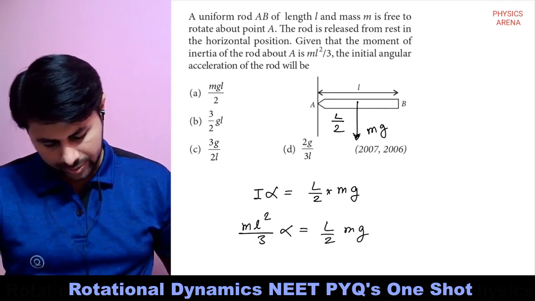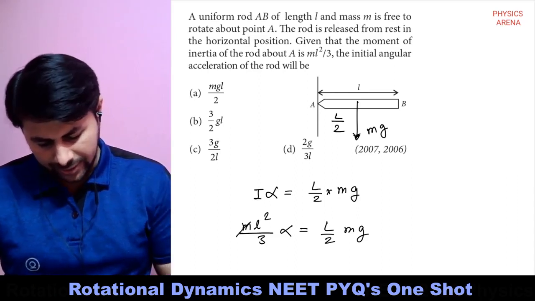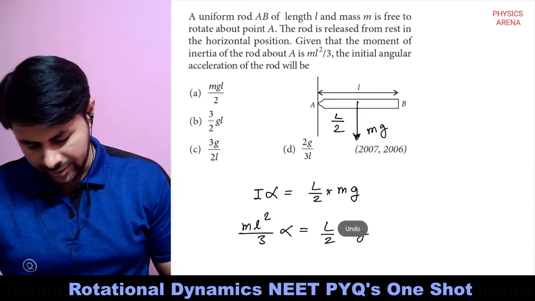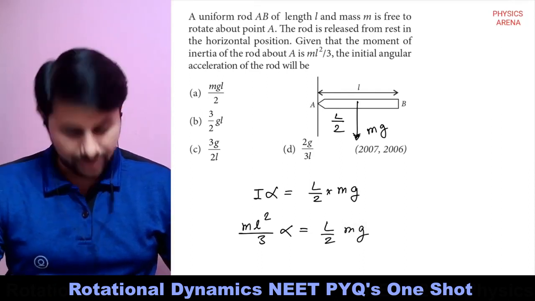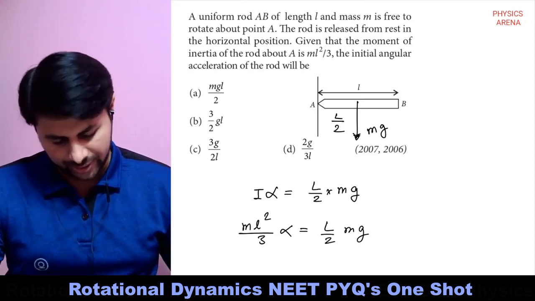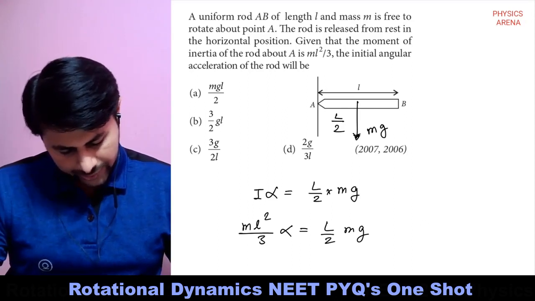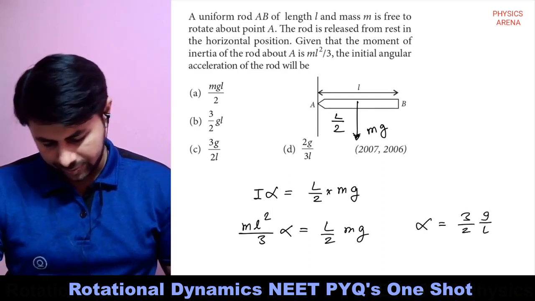Okay, so m gets cancelled, L gets cancelled, and the answer would be what? This is the same question actually as the last question. Okay, so option B here, B or C? Option C. Okay, so alpha is 3 by 2 g upon L.